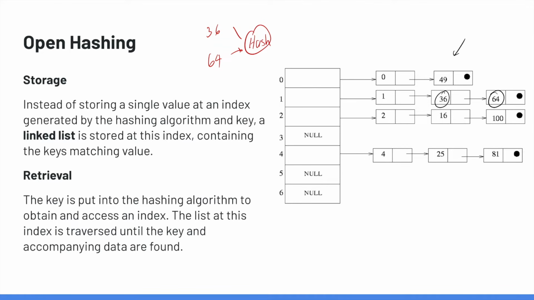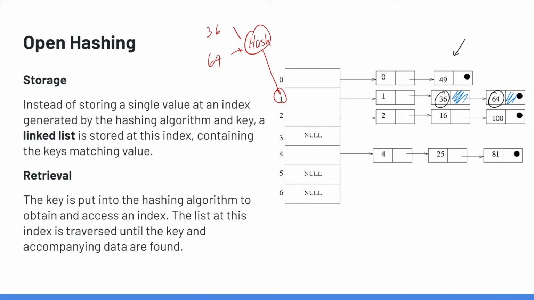That ends up giving us an output of 1. But we go to 1 and we already have a record there. So we're going to add the data that corresponds to both keys, 36 and 64. This blue can represent our data. We're going to add those to a linked list that's located at position 1. And that's how we can store data when there's a case of collision.